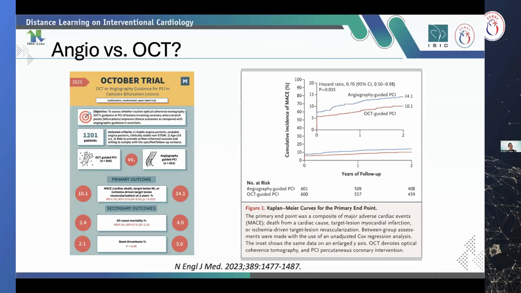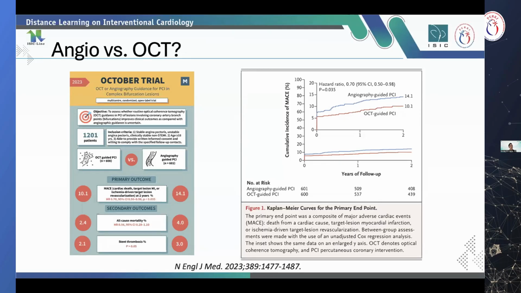As you know, recently the OCTOBER trial has been published. In my center, OCT has been available since probably 2011.